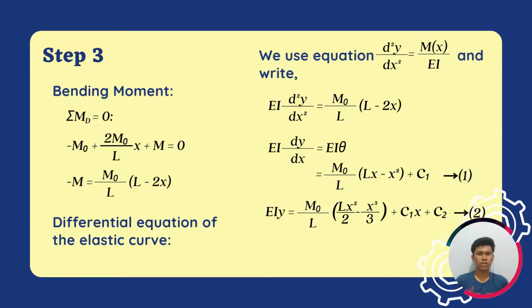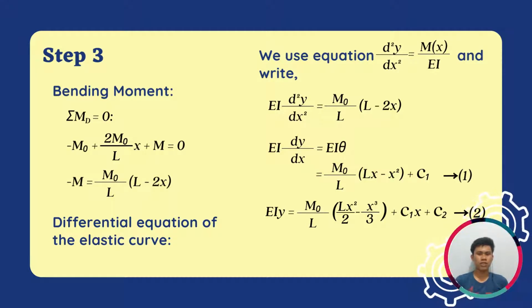Next thing we gotta do is find the differential equation of the elastic curve. So we use the equation d squared y over dx squared is equal to Mx over EI, and write EI d squared y over dx squared is equal to M0 over L multiplied by L minus 2x.